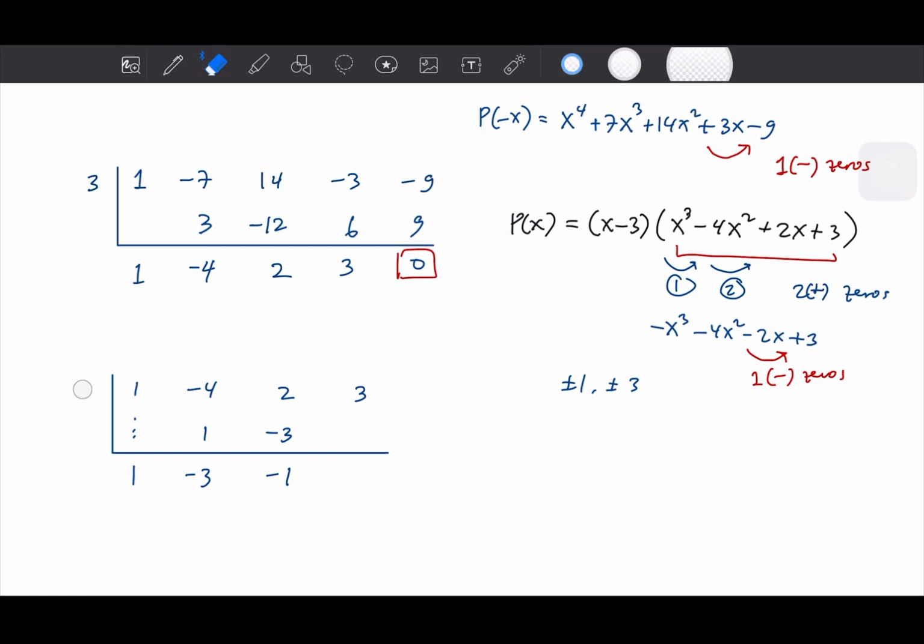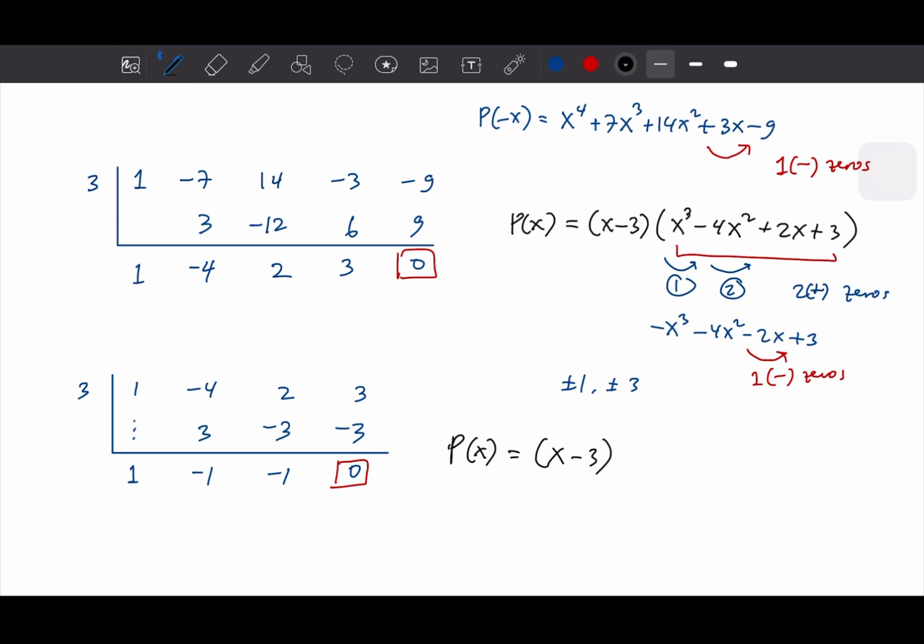I think we could check another 3. Oh, I think we get another 3. So it's multiplicity. So we could write this as x minus 3 squared times x squared minus x minus 1.